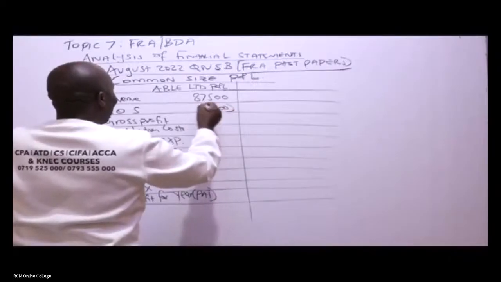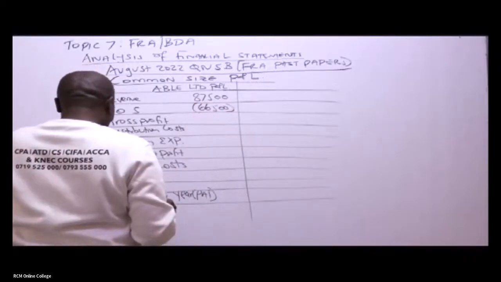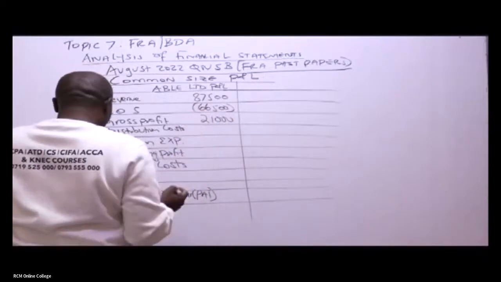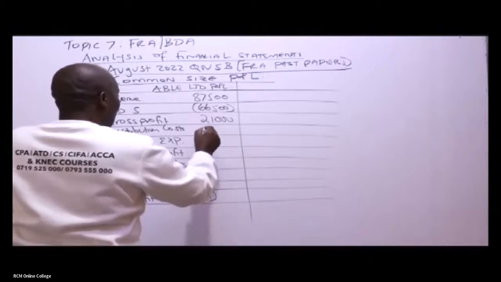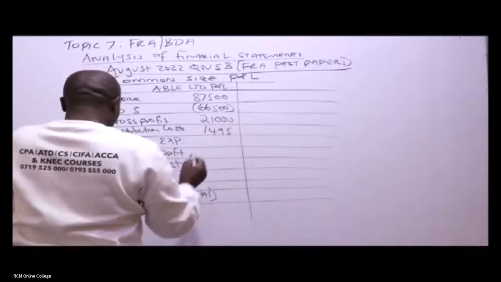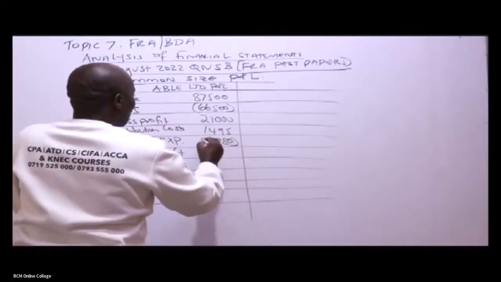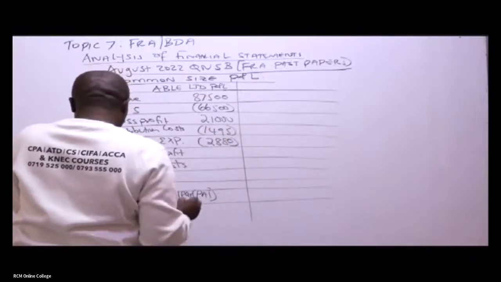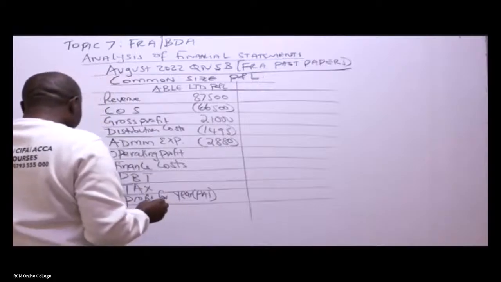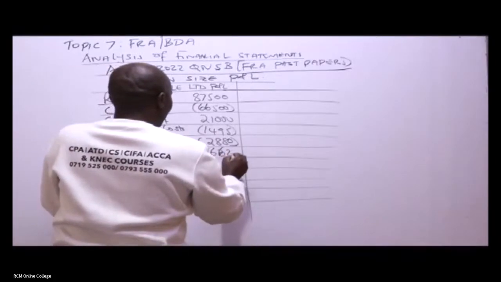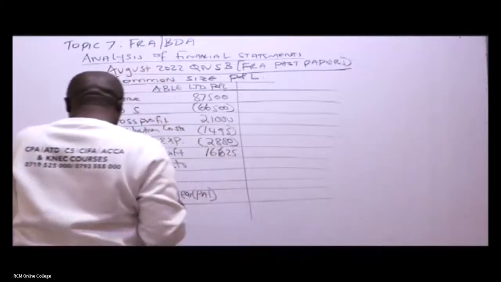BDA students are not copying anything, you already have the question paper. This minus this gives me 21,000. Then I can see 1495 and 2880. The two are being deducted to give us an operating profit of 16,625.